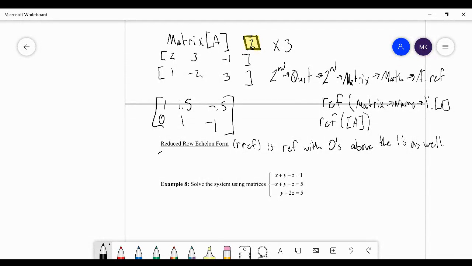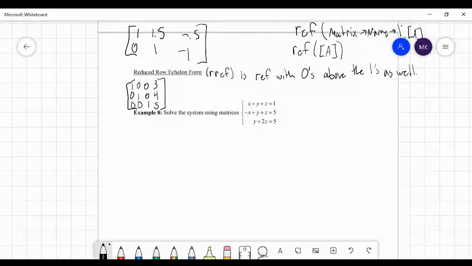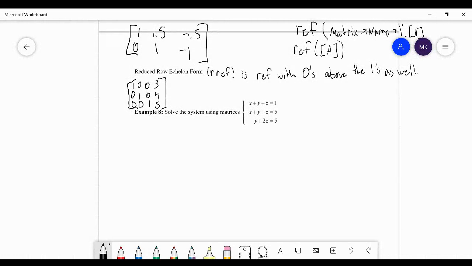In other words, it would look something like 1, 0, 0, 0, 1, 0, 0, 0, 1, 3, 4, 5, like this. So this is a reduced row echelon form matrix. And that's how we're going to solve these systems of equations, using reduced row echelon form.